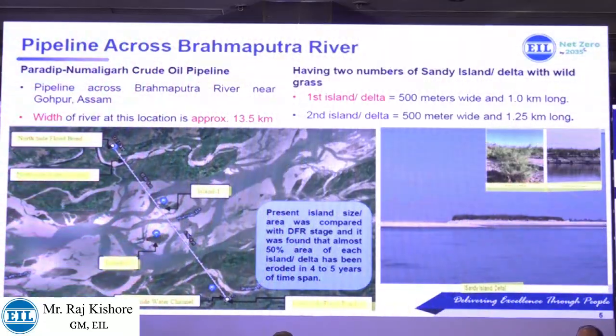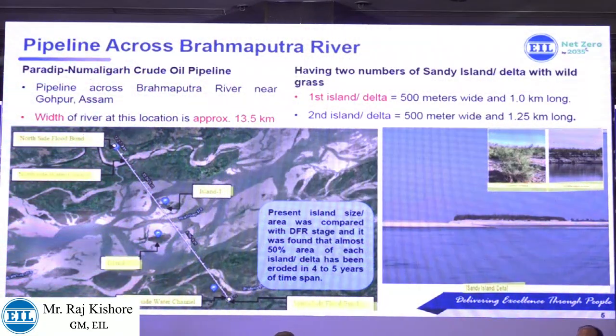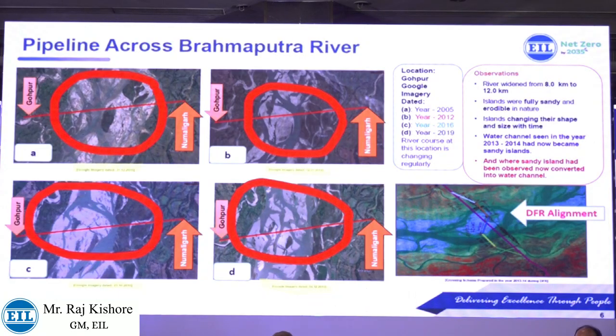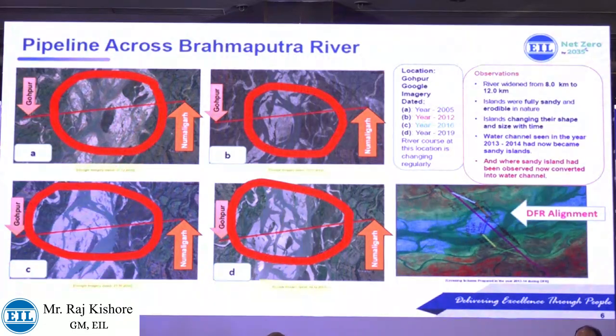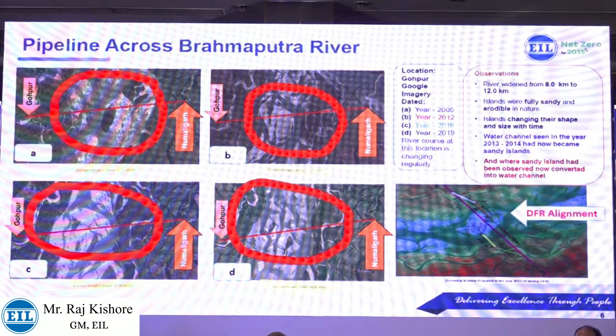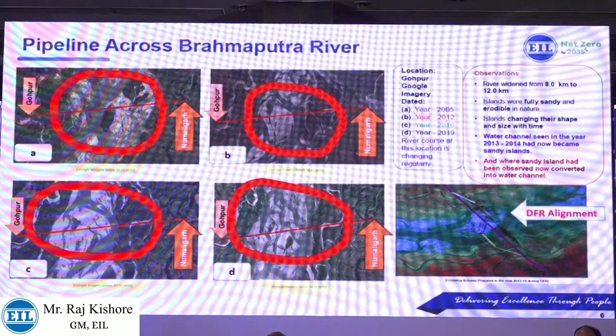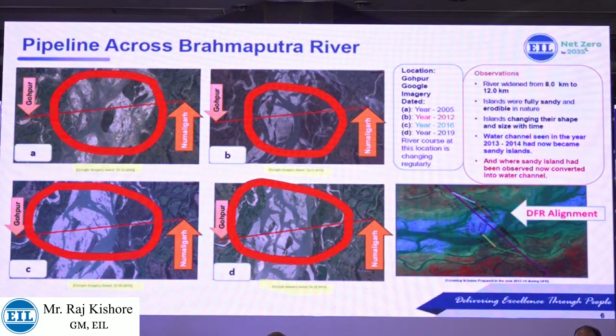Whatever feasibility was done at that time was no longer valid after 5 years due to river course actions. We went through Google imageries and studies of the years 2005, 2012, 2016 and 2019. We found that these islands are changing day by day. Every time a flood comes, river islands and locations change.